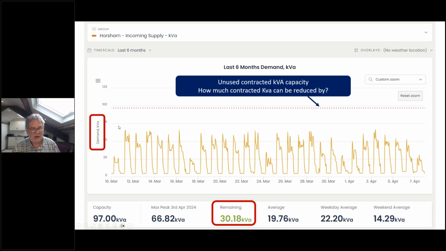Now you can see here, this happens all the time. So that 30 maybe should be reduced by about 20 kVA, and that could save the client about £600 to £700 a year. Now this is a fairly small site with this level of demand, but saving £600 to £700 a year is a pretty good ask for one letter back to the DNO, back to the energy supplier.